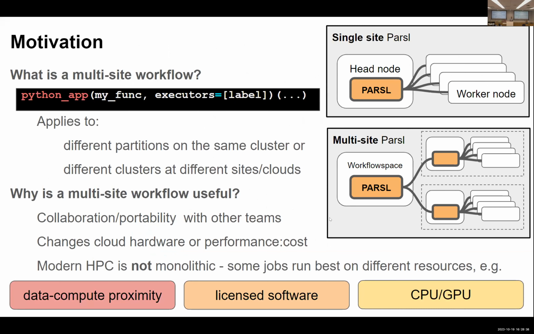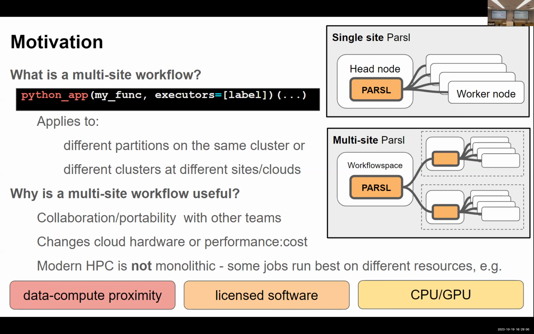So I'm going to be focusing on multi-site workflows with Parsl. In the figure in the upper right corner, there's a typical single-site Parsl workflow. You've got Parsl running on the head node of a cluster, and then a whole series of worker nodes, and jobs get sent and everything is great.